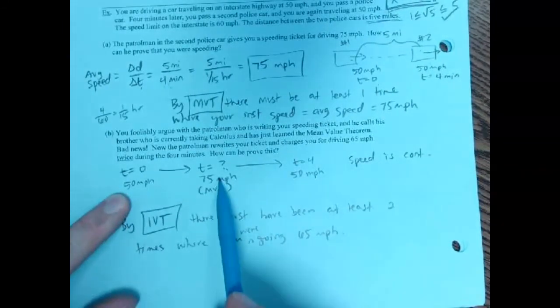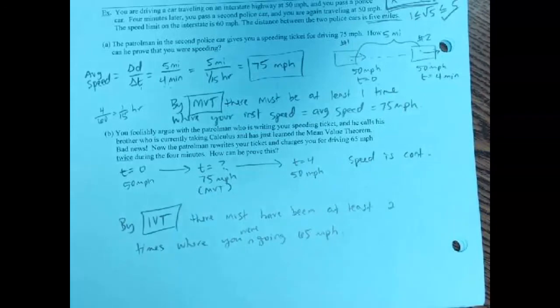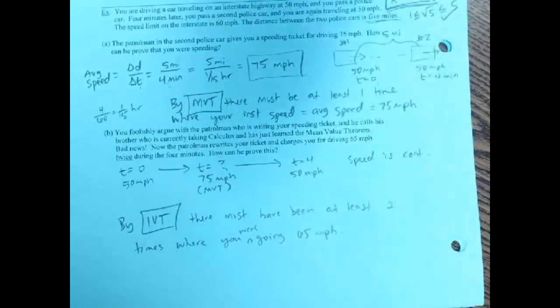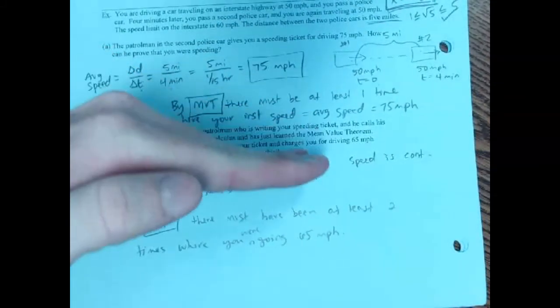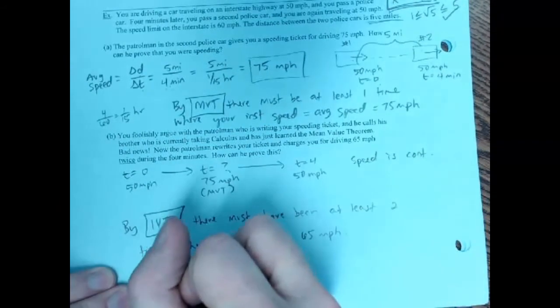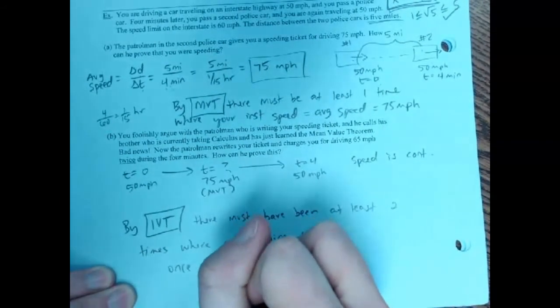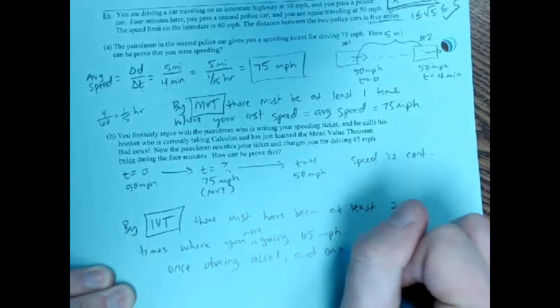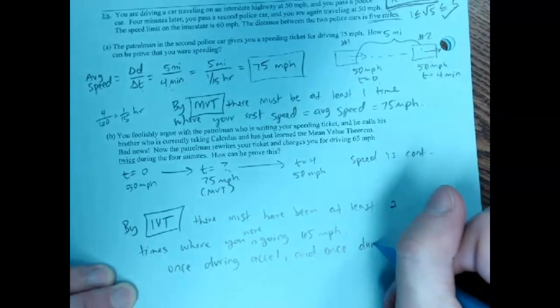If you start at 50 and then you have some unknown time where you're at 75, right, you're going to have to pass 65 in that acceleration phase. And then you're going to have to decelerate to get back down to 50. And so we know, hey, to get from 75 back down to 50, you're going to have to pass 65. Once during the acceleration and once during the deceleration.